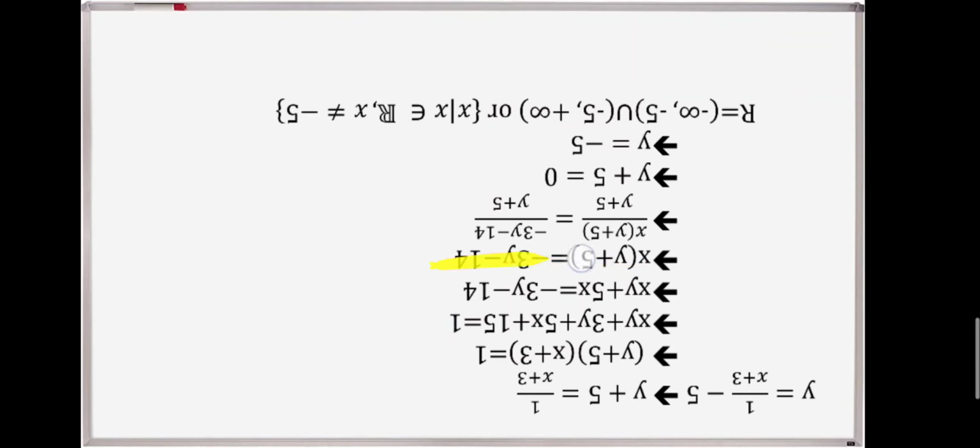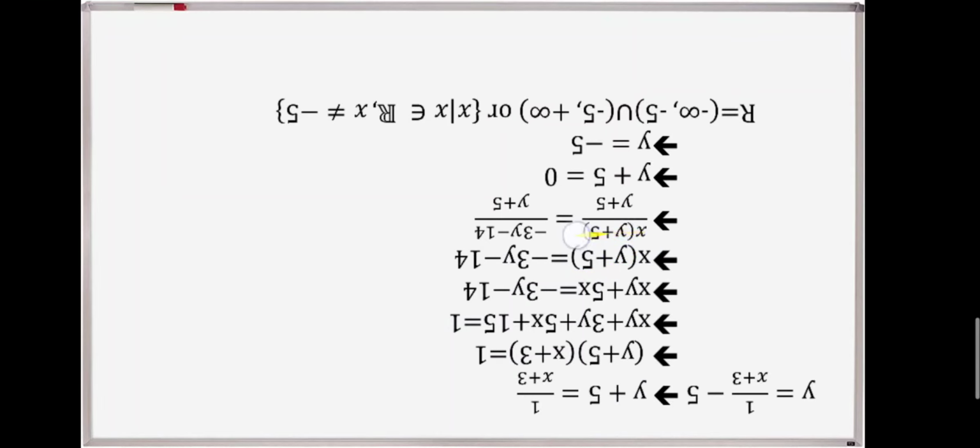After that, we have to solve for x by factoring out the x. We have a common factor here, and that is x. So our first factor is x. To find the other factor, we divide by x. So xy divided by x is y, then 5x divided by x is 5.